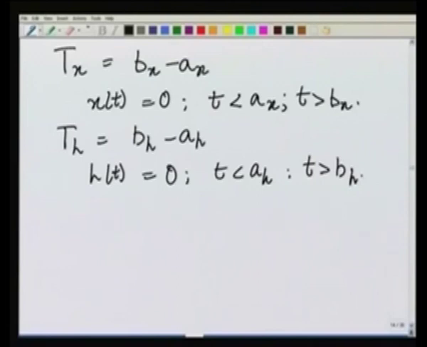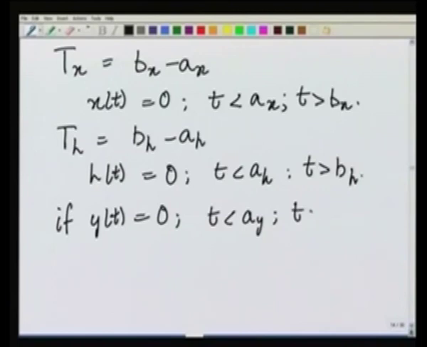Now, what about the limits of the support of y? We want A_y and B_y. If y(t) equals 0 for t less than A_y and t greater than B_y, then can we find A_y and B_y in terms of A_x, B_x, A_h and B_h?